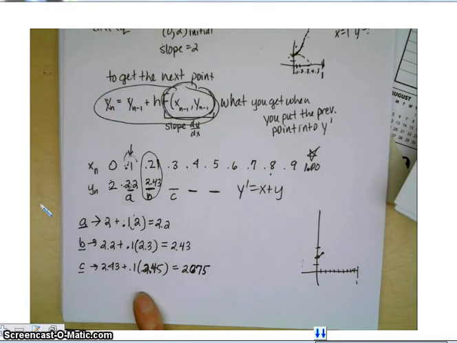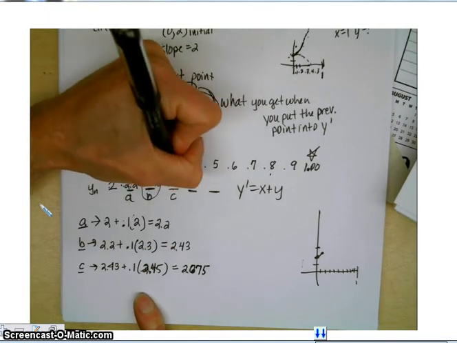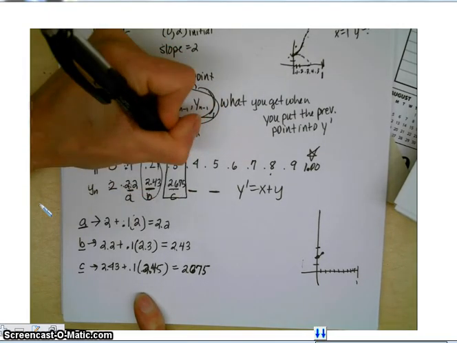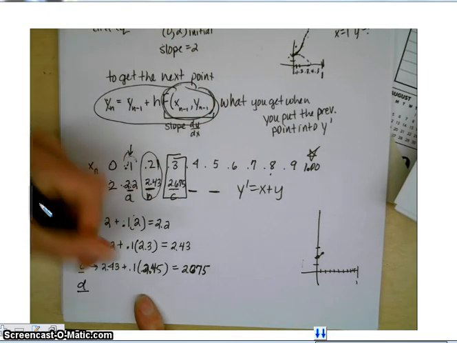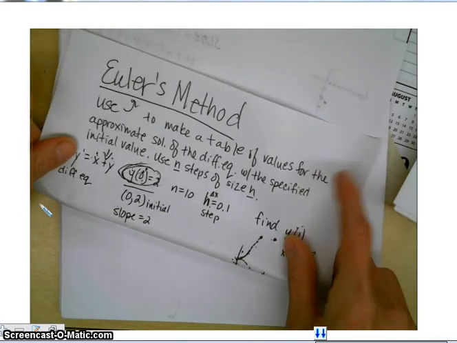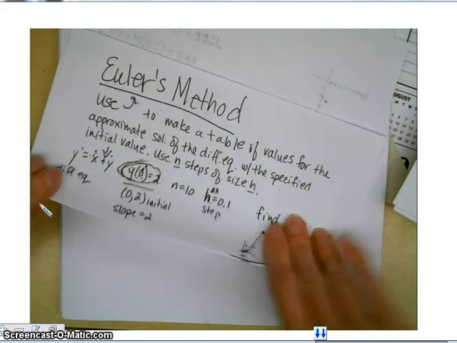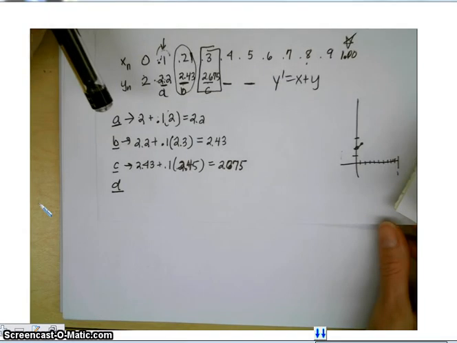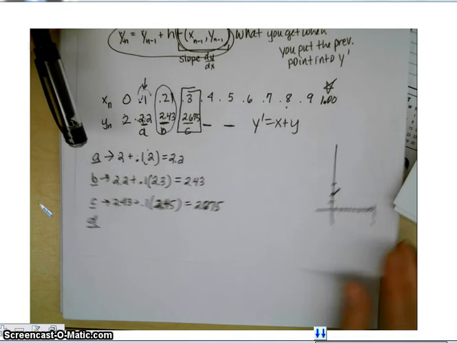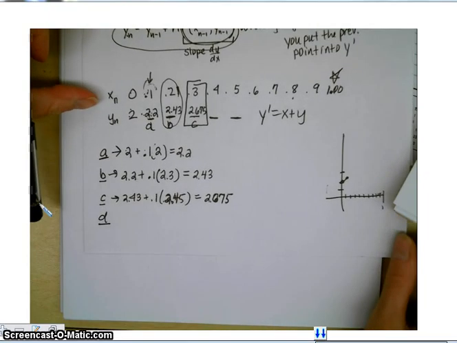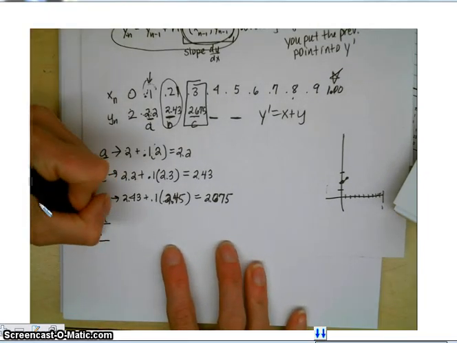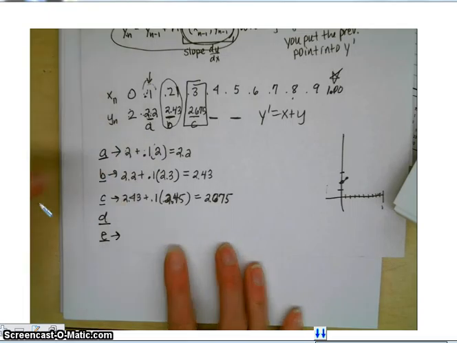All right, so now you have 2.675, and you need to use the ordered pair 0.3, comma 2.675 to find D. And then you find the next two.